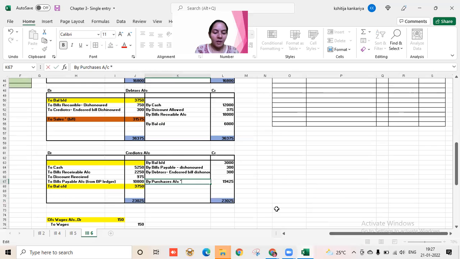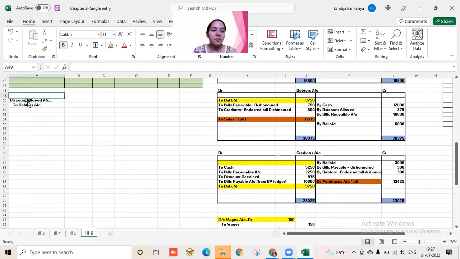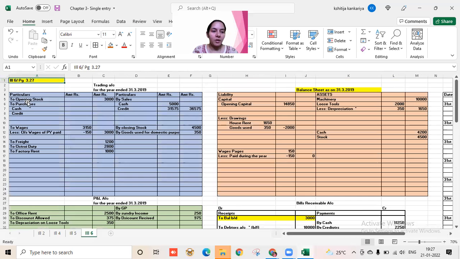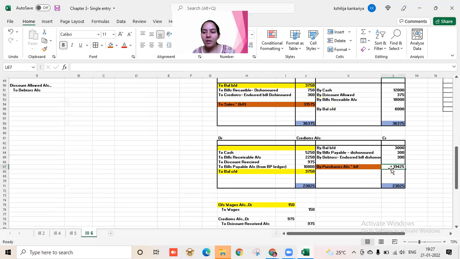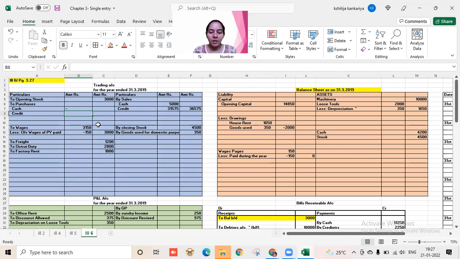This is again the balancing figure, star mark. So journal entry is purchase account debit to creditors. Purchase account debit means increase the purchases. There are no cash purchases. How much is the credit purchases? 19,425. Put it to the outer column.